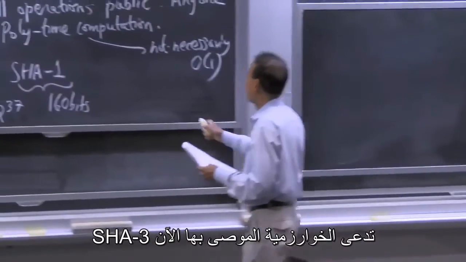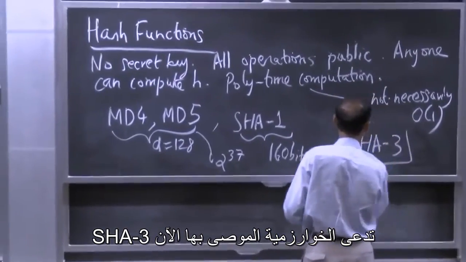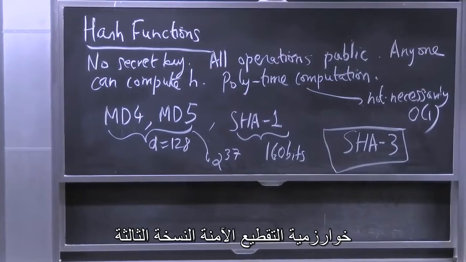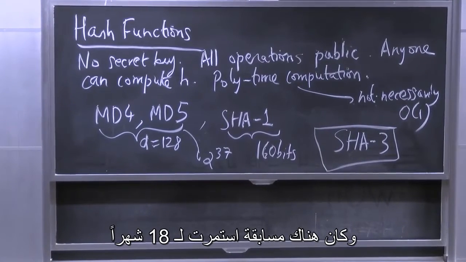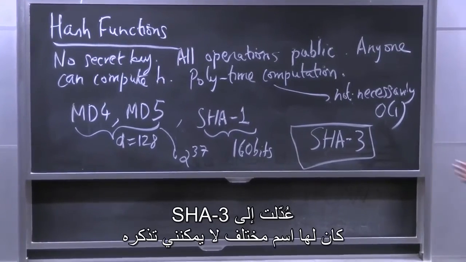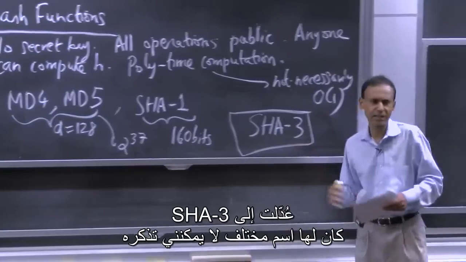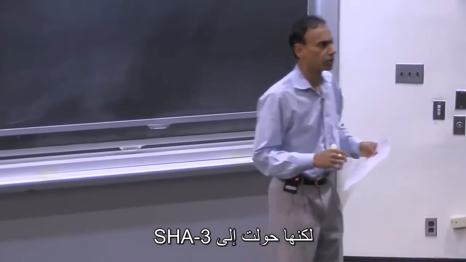Right now, the recommended algorithm is called SHA-3, Secure Hash Algorithm version 3, and there was a contest that ran for like 18 months or maybe even longer that eventually was won by what turned into SHA-3, and they had a different name for it that I can't recall, but it turned into SHA-3.